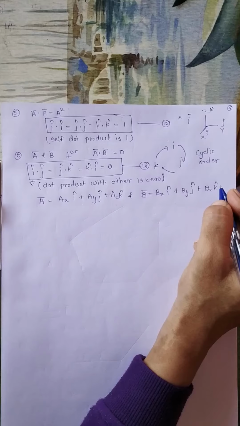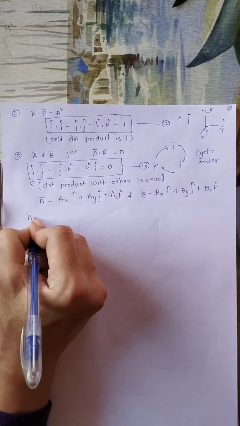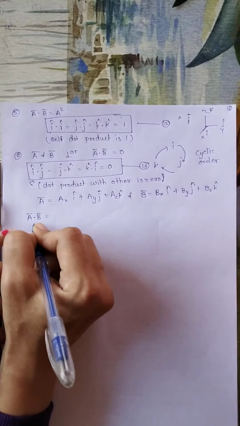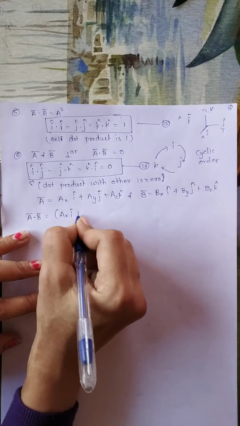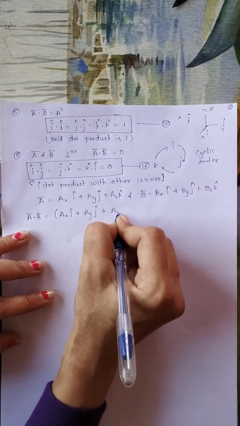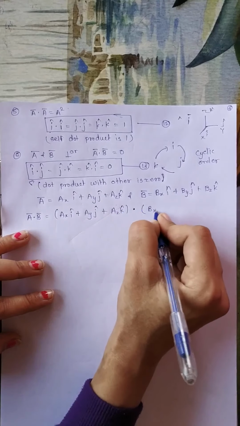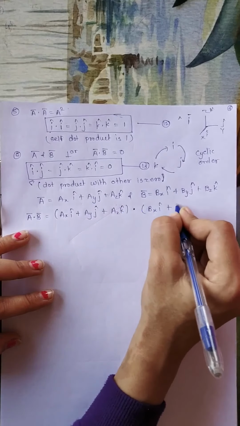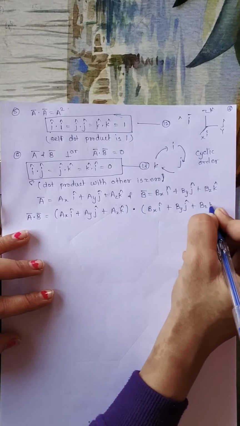Now if we have to take the dot product of these two vectors, a bar dotted with b bar, let's put their values. We will get ax I cap plus ay j cap plus az k cap dotted with bx I cap plus by j cap plus bz k cap.